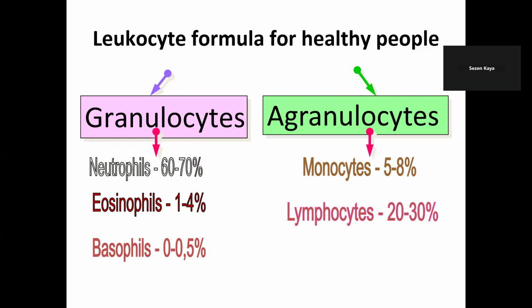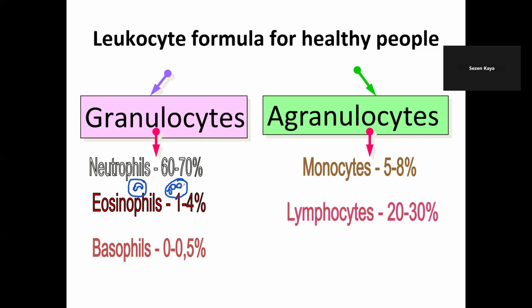By the way, one more important thing: we can have two types of neutrophils, with stick-like nuclei and segmented nuclei, or non-segmented and segmented nuclei.